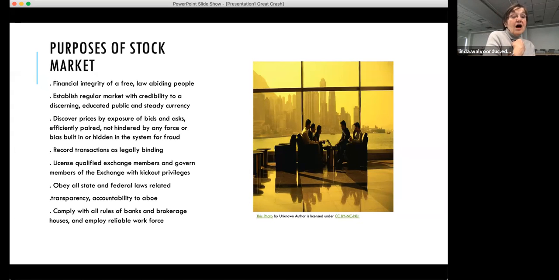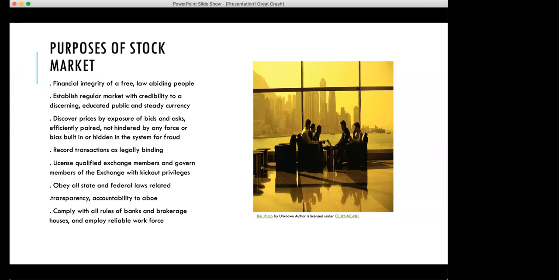And that the stock markets have a sincere intention of complying with all rules of banks and brokerage houses and will employ a reliable workforce. Look at all of these elements of what we believe in when we believe in law and order as necessary to a free people.